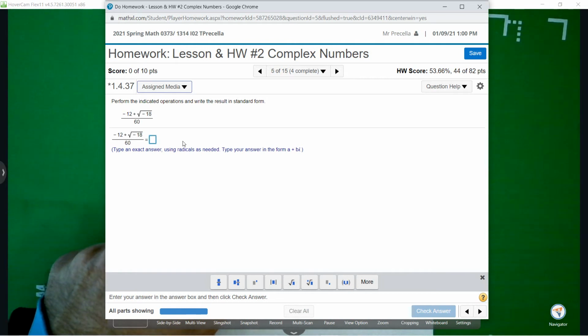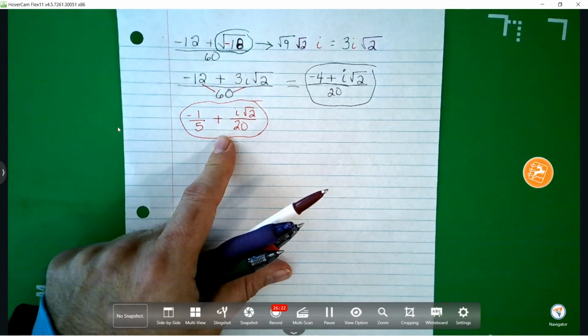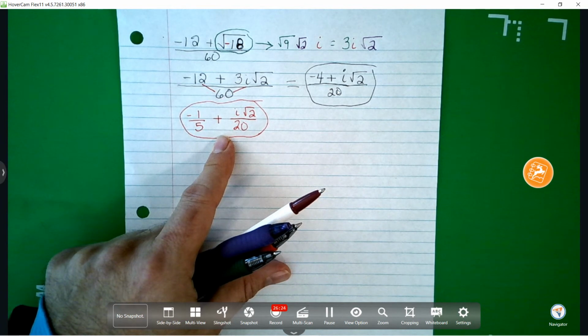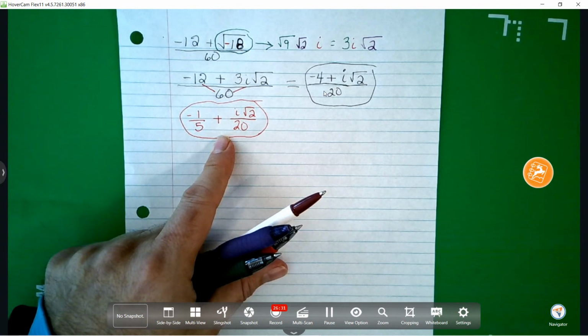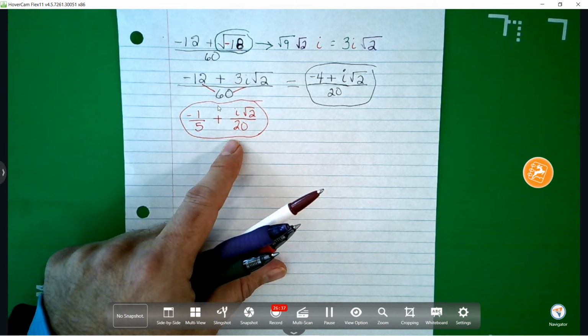I'm going to have to punch it in this way. It used to let me punch in both forms. Maybe in the next homework assignment they will let me do it either way, but they want it punched in like this right now.